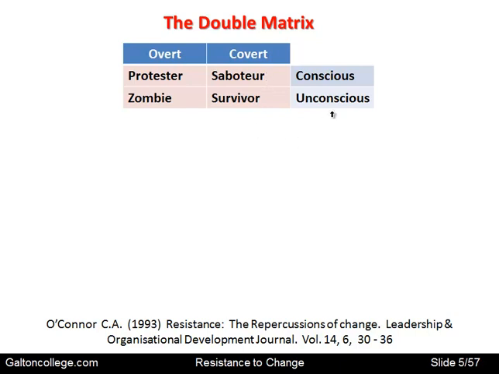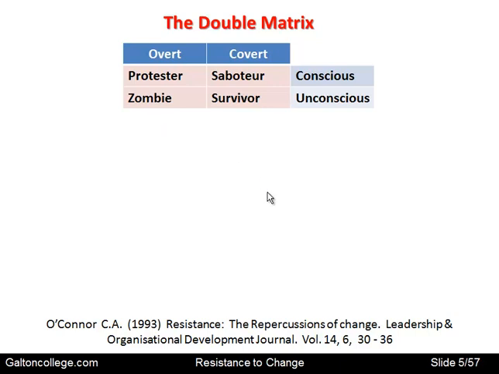And then we've got the unconscious and the overt. Unconscious means they're not really trying to oppose the change, but they're open about it. They're open, but they're not really articulate about why they're resisting the change, and they're like zombies. They're just against it. They're unconsciously against it. They're not, as I said, very open about it, but they're overt. You can spot who they are.